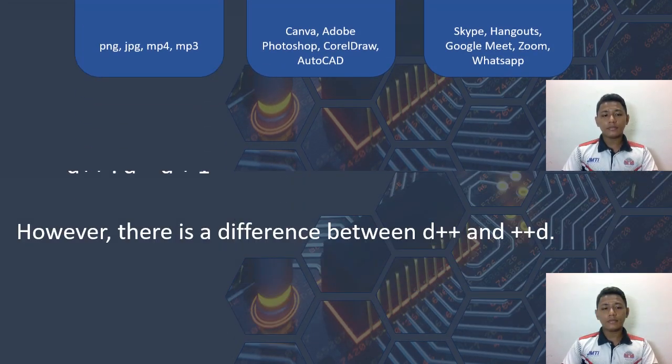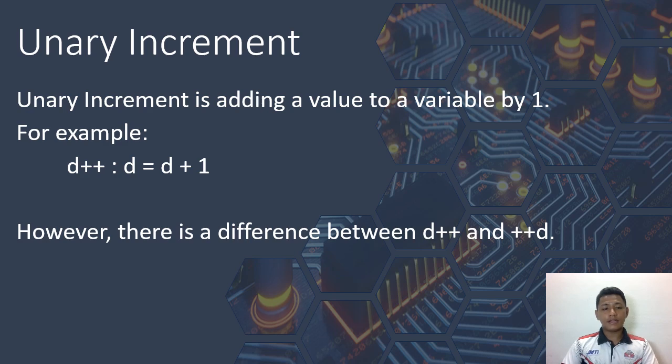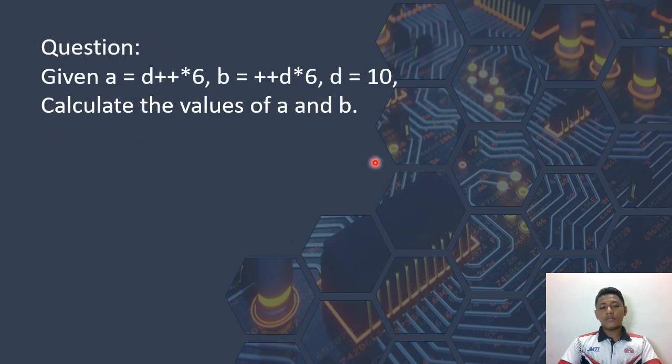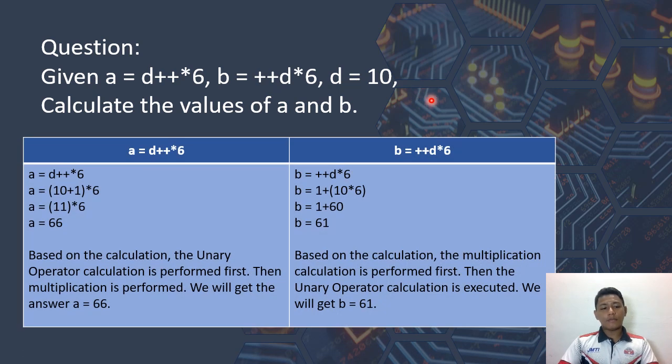Next, I learned about unary operators, but I will only highlight unary increment in this slide, in which I am tasked to explain the difference between D++ and ++D. So given a question where D++ times 6 and ++D times 6, where D is 10, we will calculate A and D by using this method.